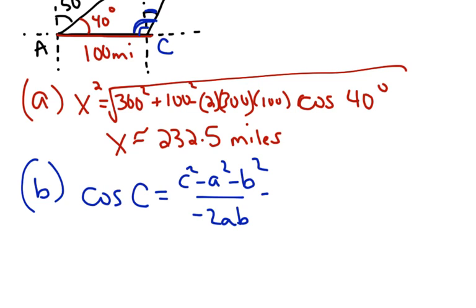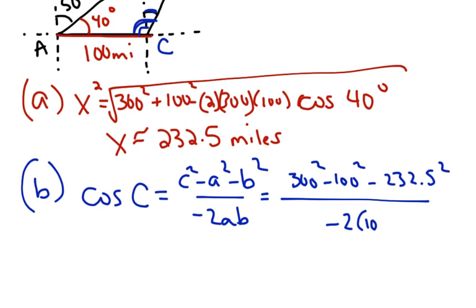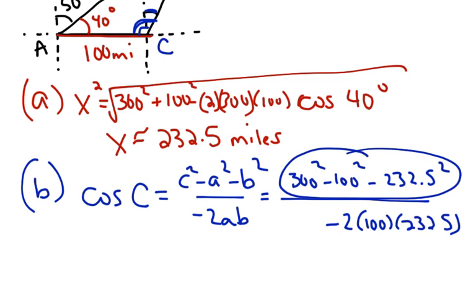So I'm going to do 300 squared minus 100 squared minus 232.5 squared divided by negative 2 times 100 times 232.5. When I put this into my calculator, I always evaluate the numerator first, and then I divide it by the denominator in an extra set of parentheses.